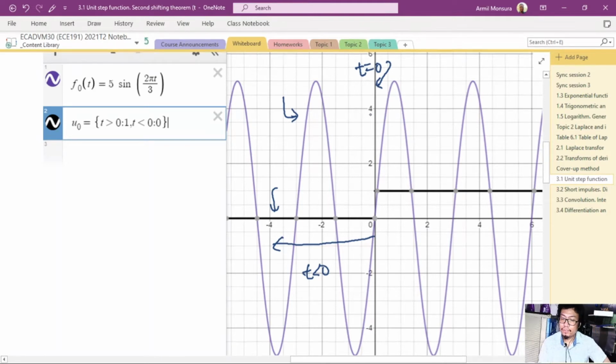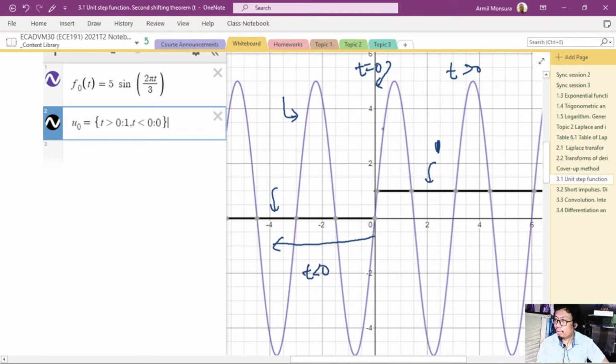It becomes 0. On the right side, when t is positive, your signal is essentially the same, because take note, this is 1. If all the values of this purple signal are multiplied by 1, then it retains its value.